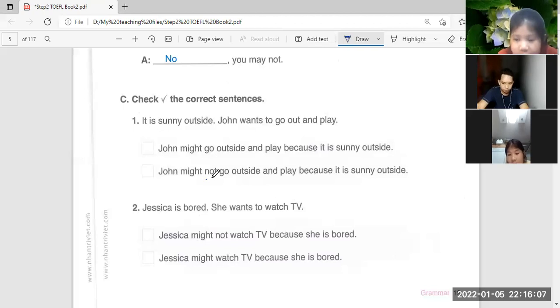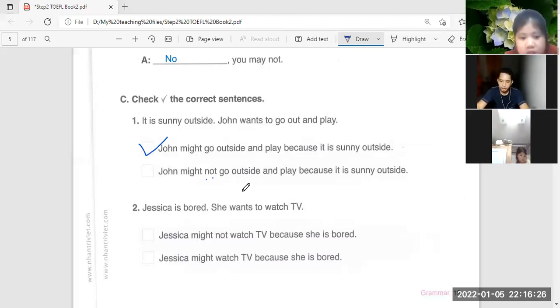John might go outside. Yes. All right, very good. So John might go outside and play because it is sunny outside.